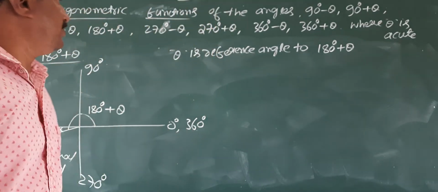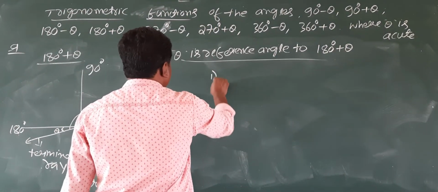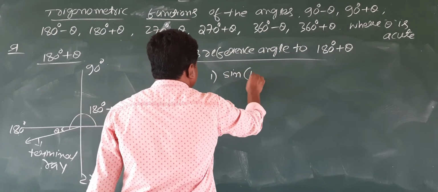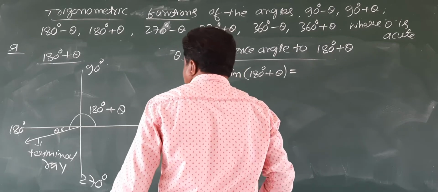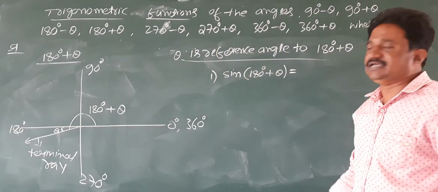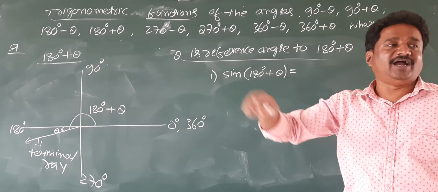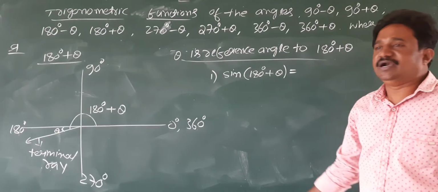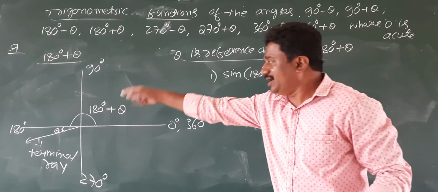Now let's go one by one. First one, sine of 180 degree plus theta. Which quadrant is that? Third quadrant. In the third quadrant, all sine values must be negative according to ASTC.